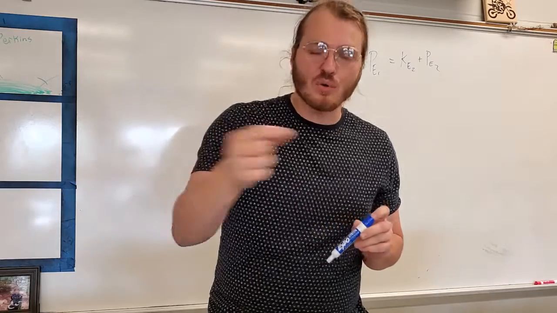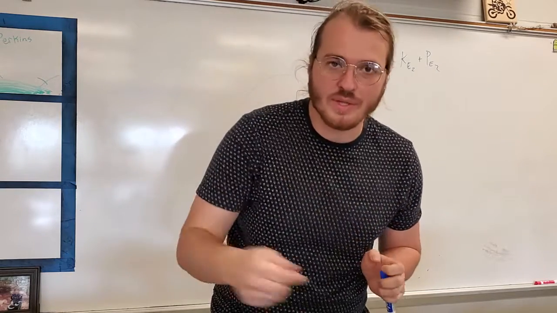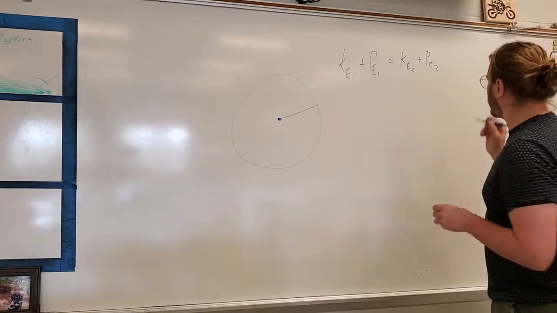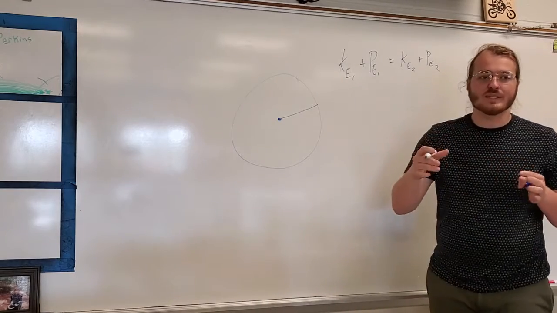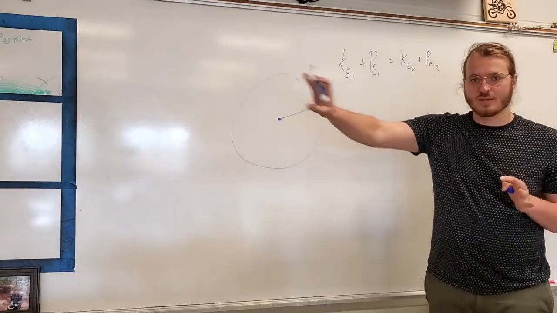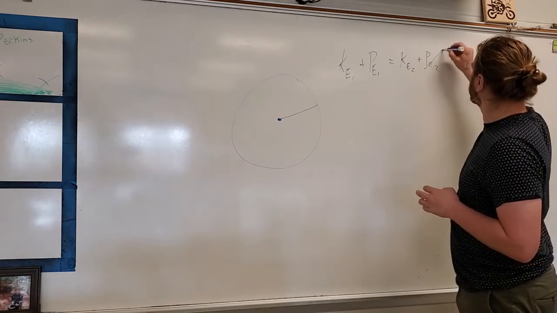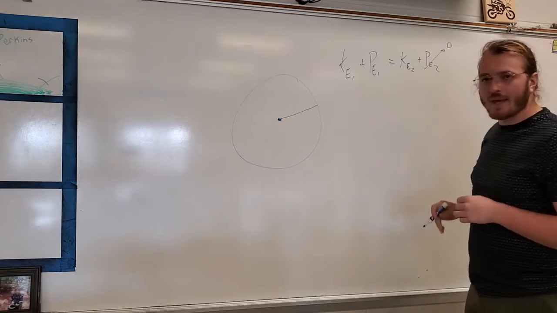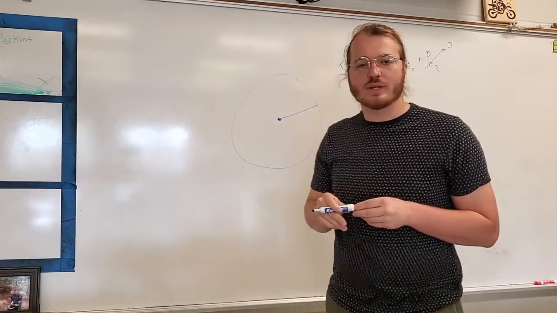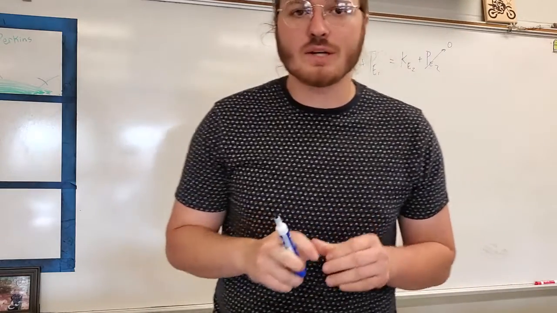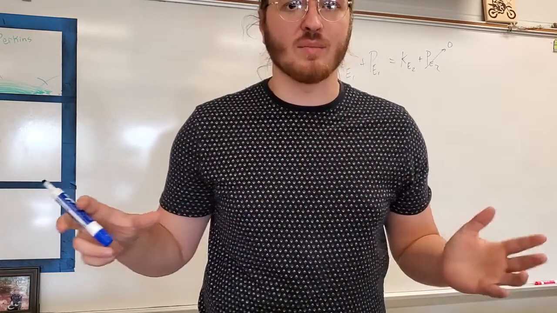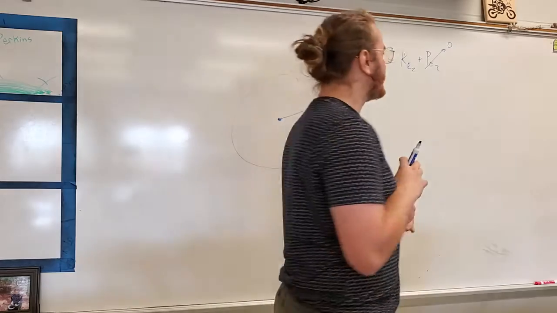It's not being pulled down by the ramp. It's not being pulled down by gravity. So our potential energy at a point infinitely far away, all right, our potential energy is equal to 0. And our kinetic energy at that point is also equal to 0. It's equal to 0 because our ball isn't moving anymore. It's stationary.